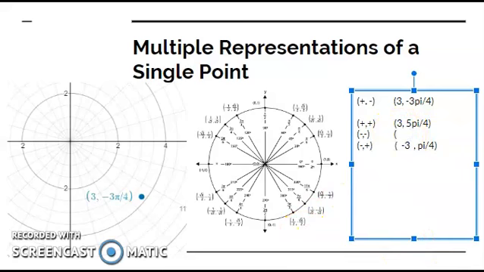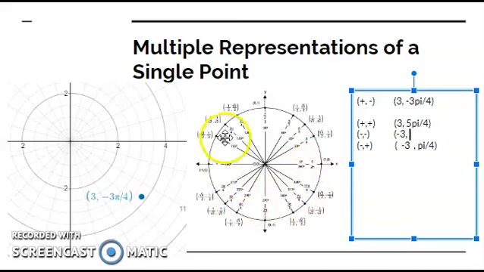Now let's go back to the negative negative. You are basically just taking the negative angle of pi over 4. So we still have our negative 3 as our r, because we still have to go in the opposite direction, but instead we're going to use the coterminal angle of pi over 4 in the negative direction, so clockwise.